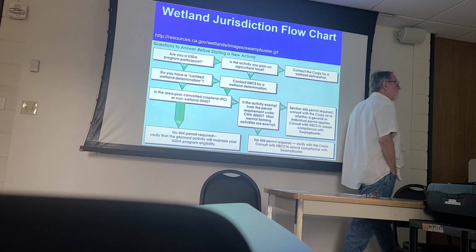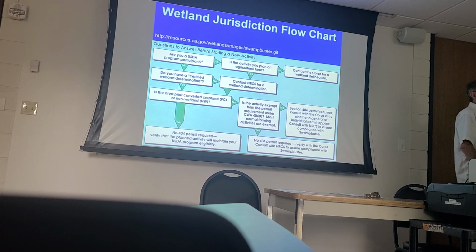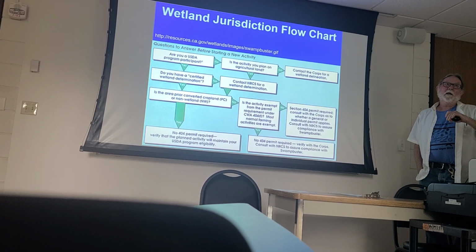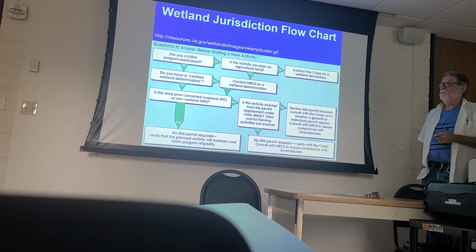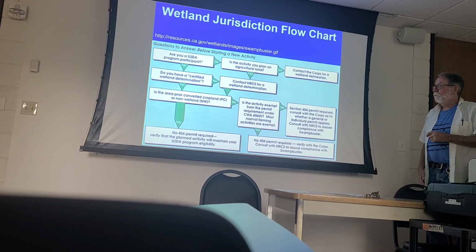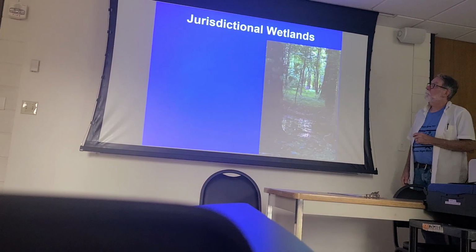The overall upshot is, if you've got agricultural land, check with the NRCS. If you've got forested land, non-agricultural land, check with the Army Corps of Engineers. But it's a nice little flow chart to help with that.